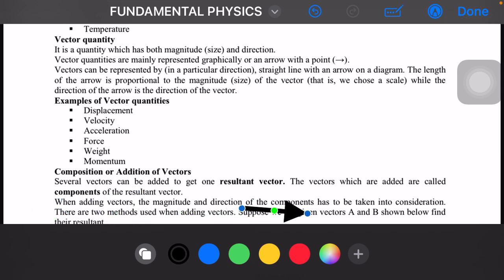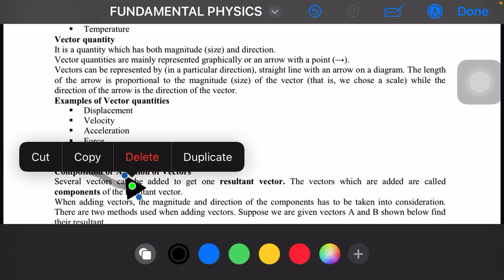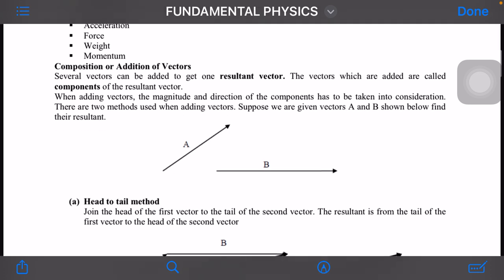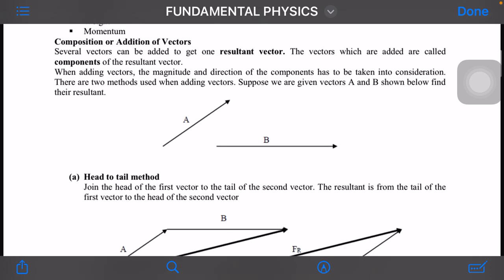Suppose we are given vectors A and B shown below. Let's look at the example I've been given, which is this one.